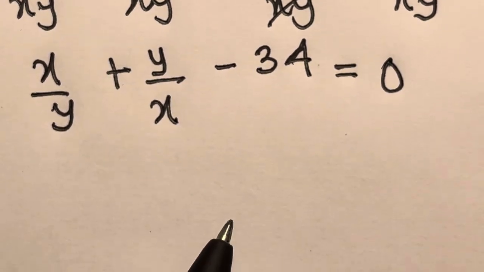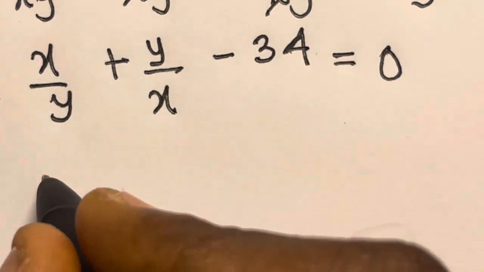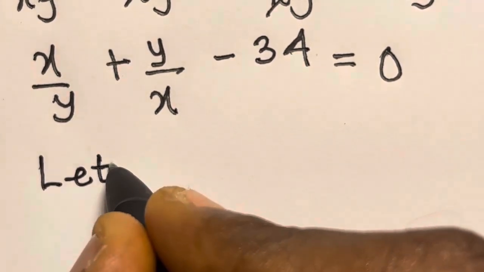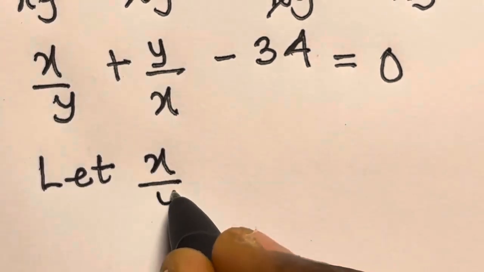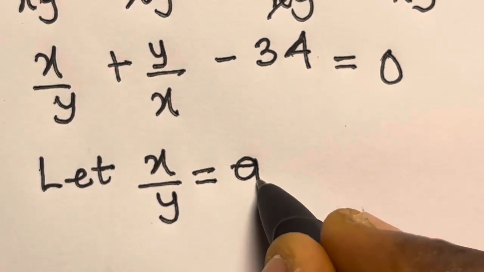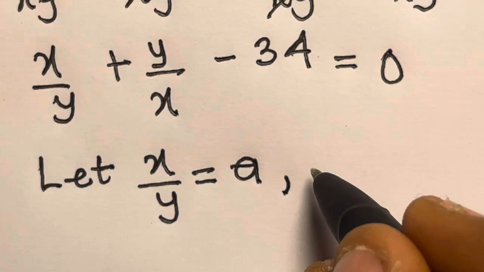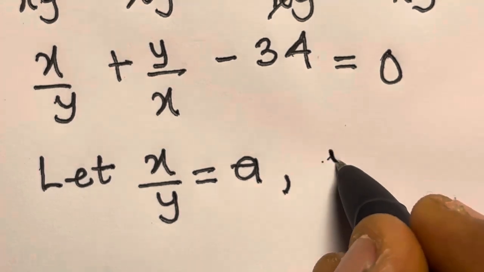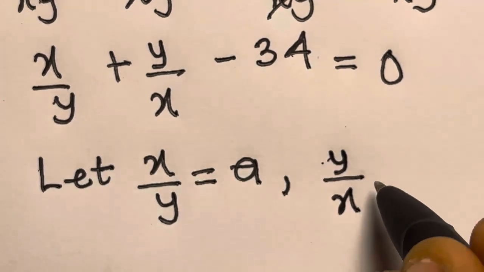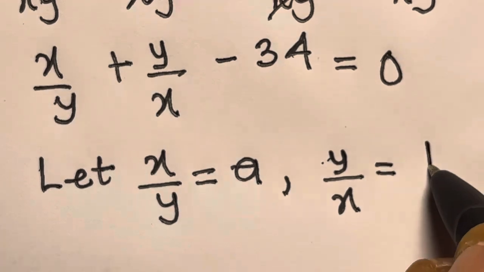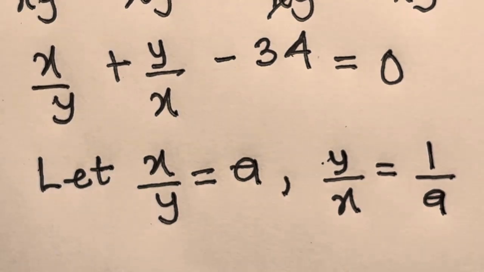From here, let x divided by y equal a. And if we have this, y divided by x becomes 1 over a, right? I hope you agree with me.